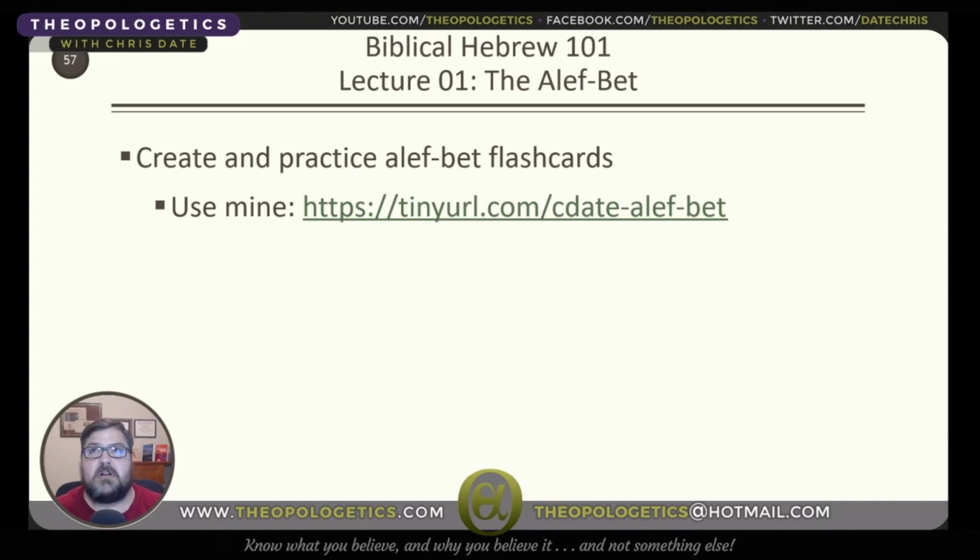For those of you who have spent your whole lives typing, practically, you may prefer to type, and learning how to type Hebrew can be a little bit of a challenge. So if you don't want to try to learn how to type Hebrew, and if you don't want to write out Hebrew Alef-Bet flashcards, you can use my Quizlet flashcard deck for the consonants, which is at the URL on your screen.